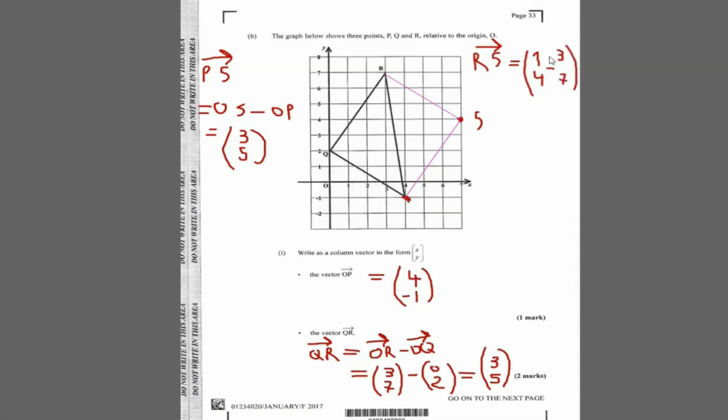And so RS is 7 minus 3 is 4, and 4 minus 7 is negative 3. So vector RS is 4, negative 3.